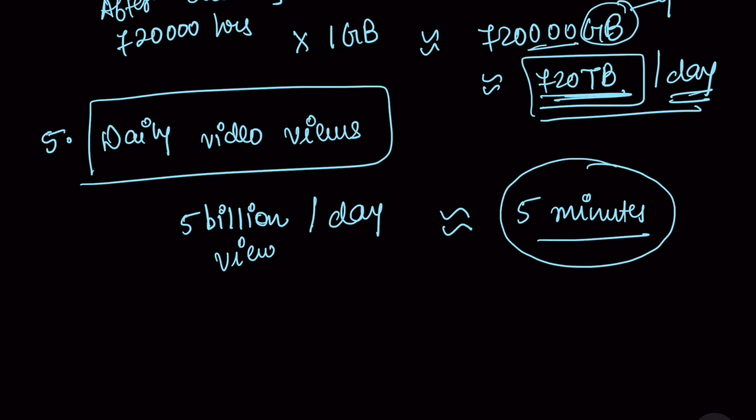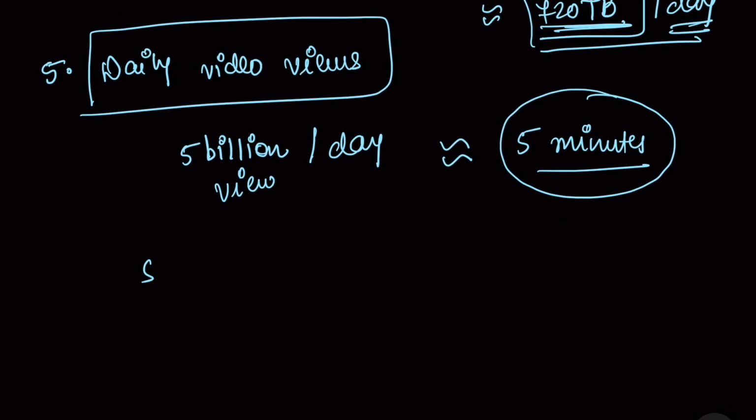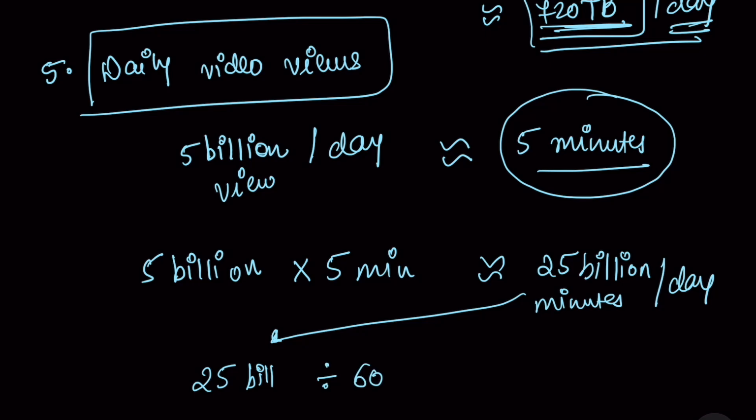So the total viewing time per day would be 5 billion multiplied by 5 minutes, and this will approximate to 25 billion minutes watched per day. And now to convert this into hours, we take the 25 billion and divide it by 60, and this would approximate to 460 million hours of video watched per day.